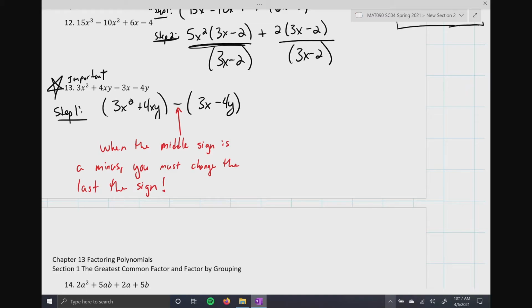Okay? There are no ifs, ands, or buts about that. You have to change.